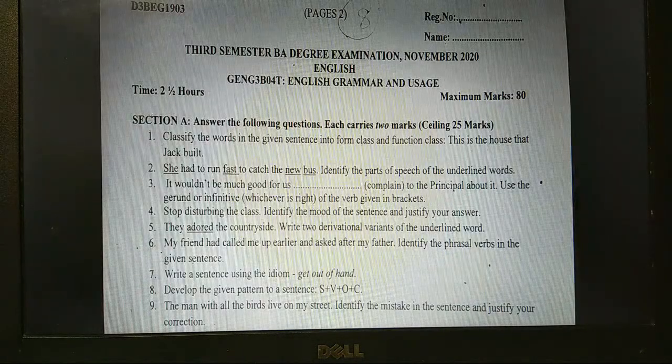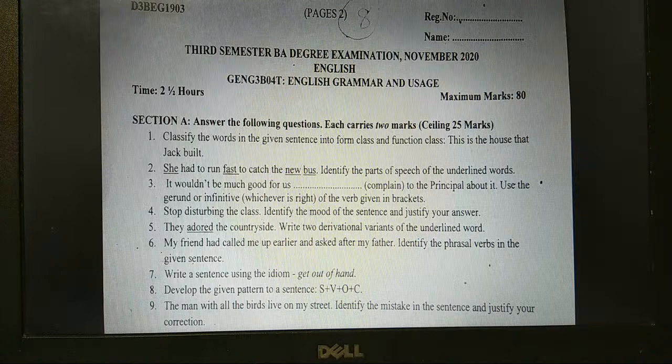Now we are in question number 8: develop the given pattern to a sentence. This is of course from the chapter on word order, verb pattern. The given pattern is S plus V plus O plus C, that is subject plus verb plus object plus complement.